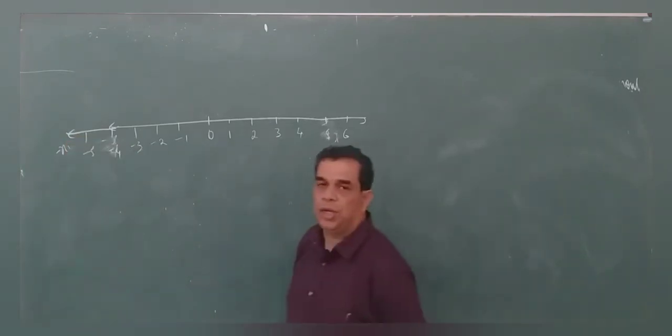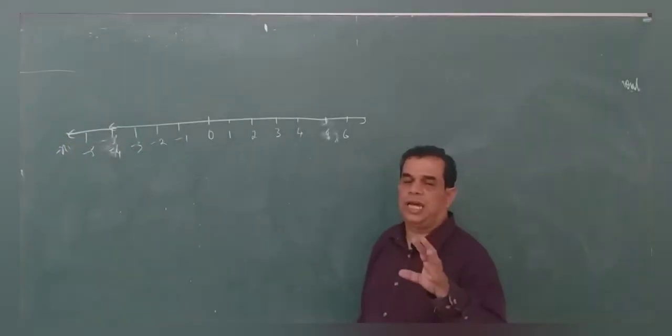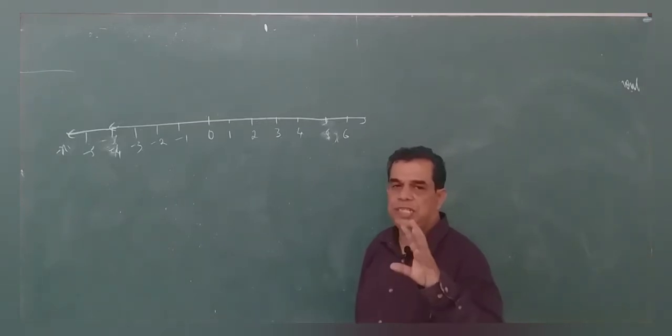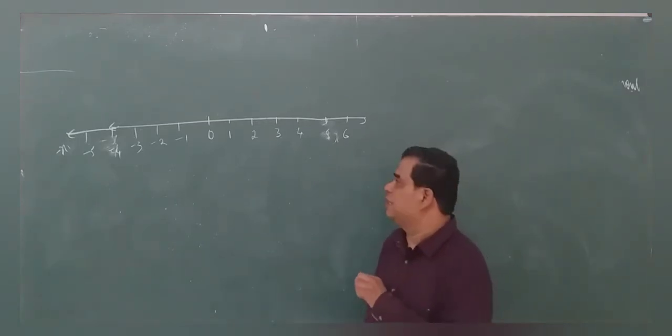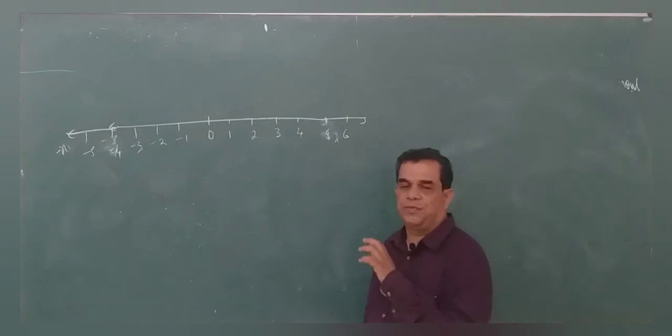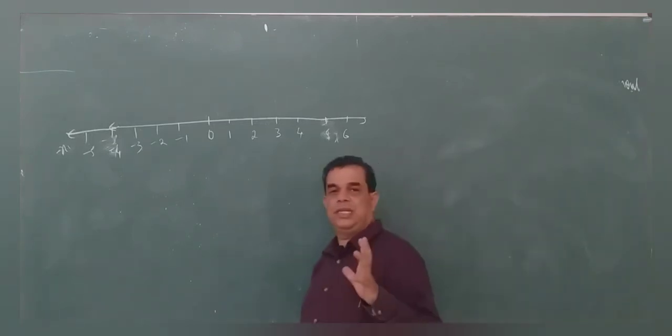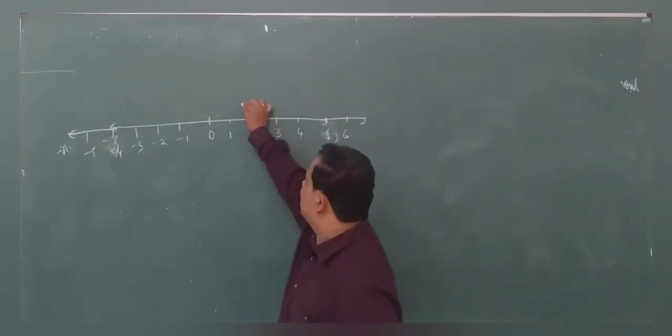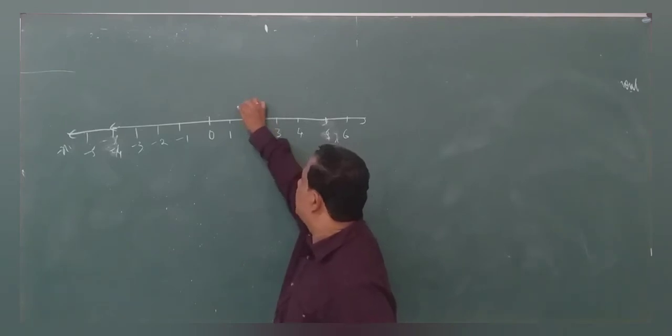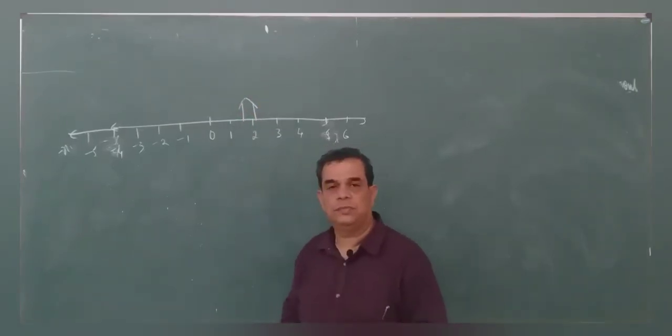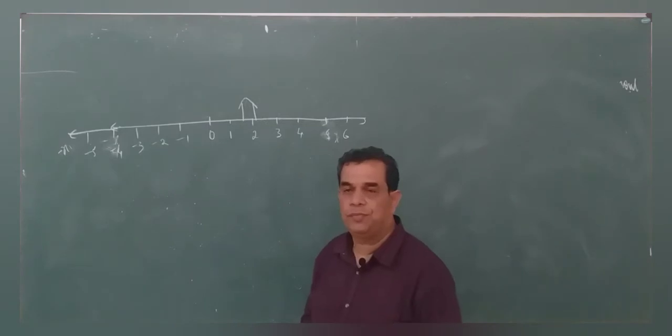Now we learn how to calculate displacement and path length. For that, I want you to think of this situation. Your house is at position 2 on this x coordinate. This is your house.